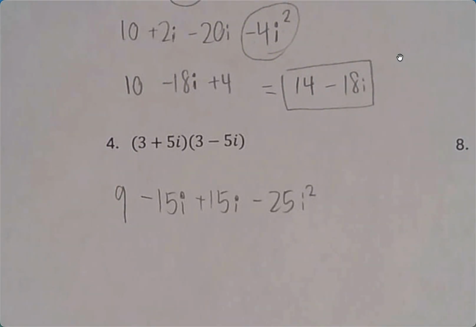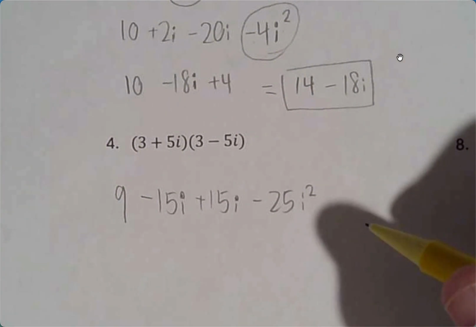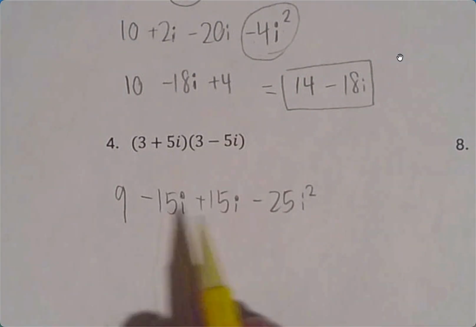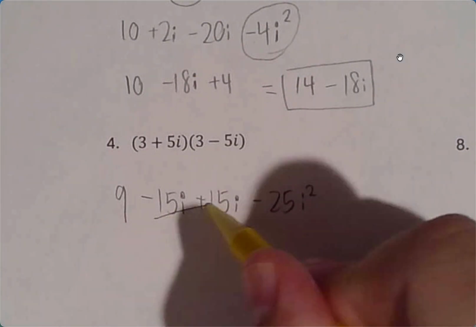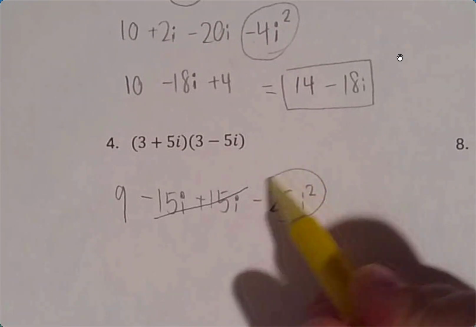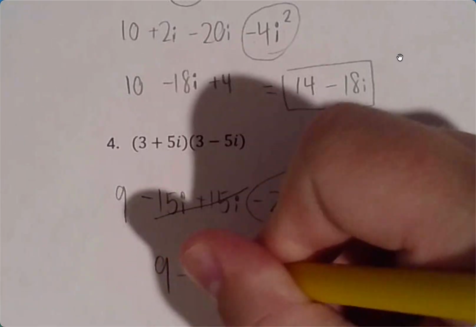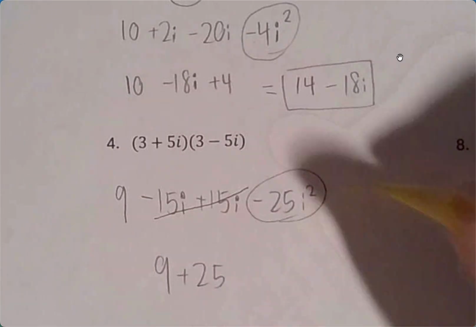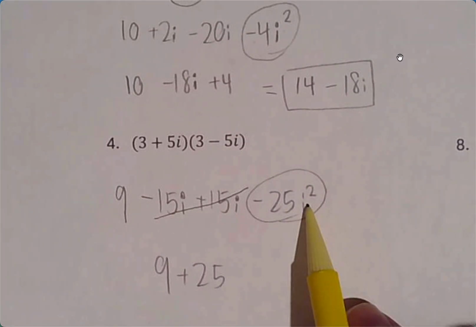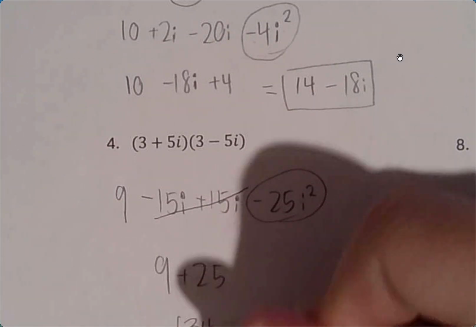So we're just doing foiling, what we reviewed early on. And now let's see what we get. Well, the negative 15i and positive 15i cancel out completely. Negative 25 and i squared, that's another special one. That one's going to make positive 25, because that's negative 25 and negative 1 multiplied together. And that's going to give me 34.